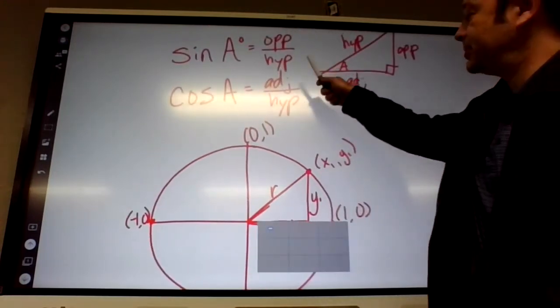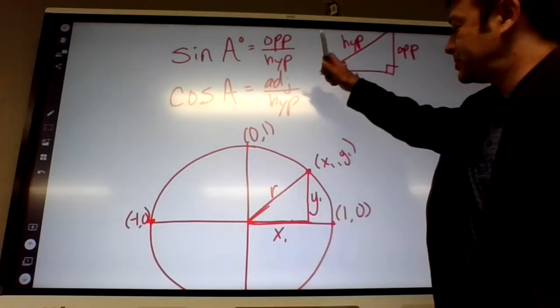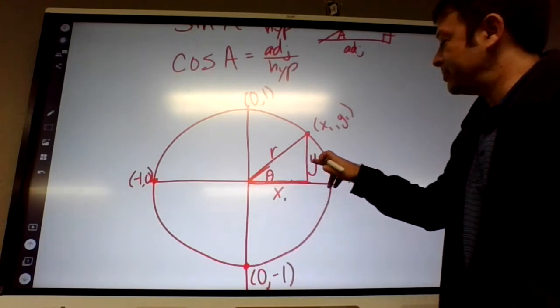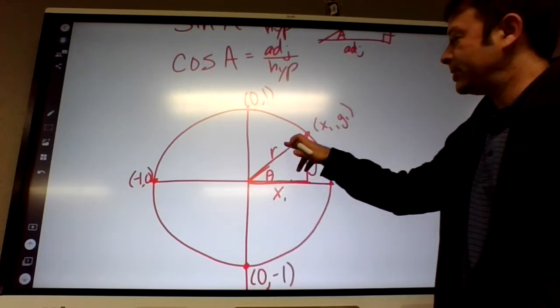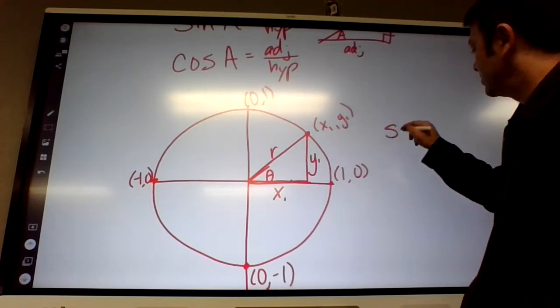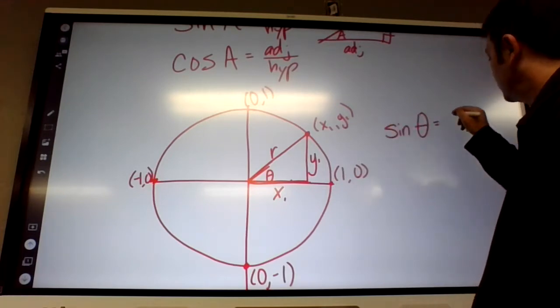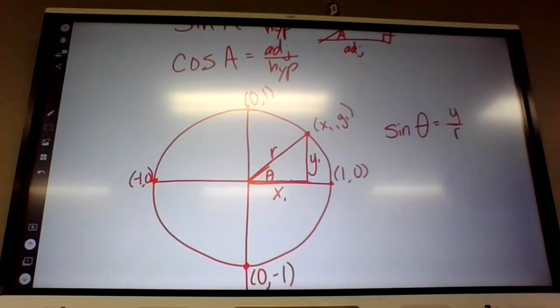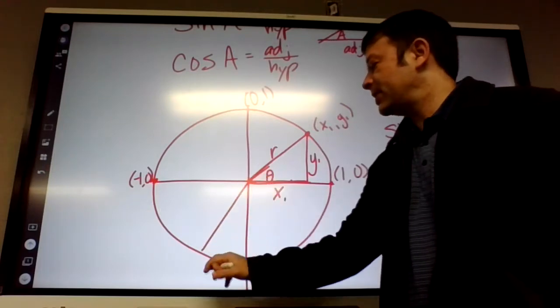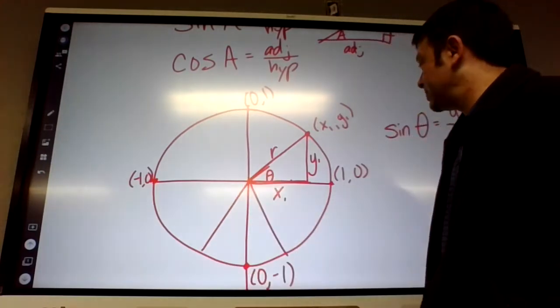So on this unit circle, since sine is opposite over hypotenuse, and here's our theta, opposite would be y1, hypotenuse would be r. So on the unit circle, sine is y over r, and r is always positive 1. It doesn't matter which direction you're taking it.